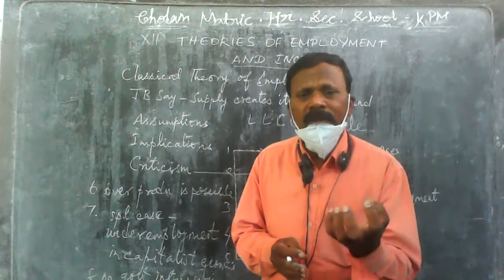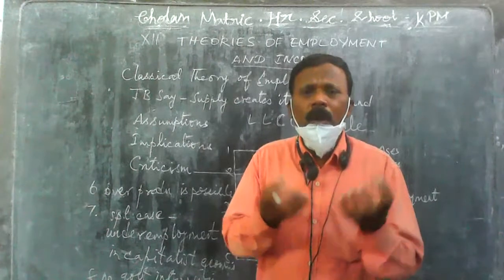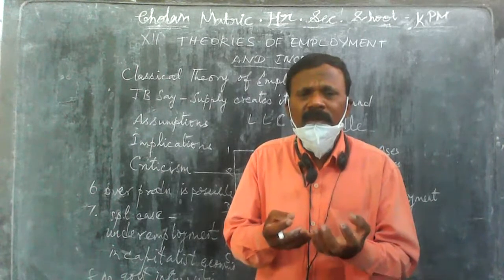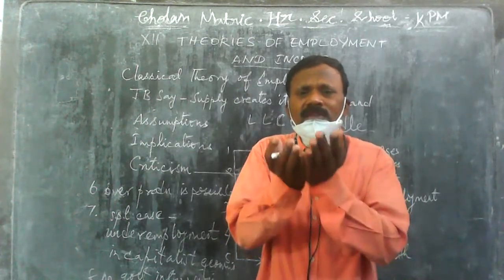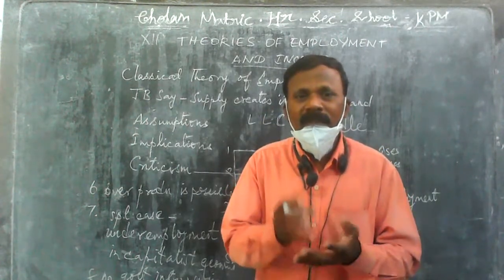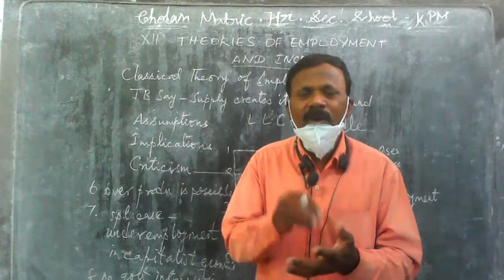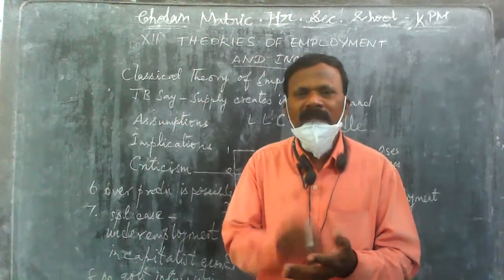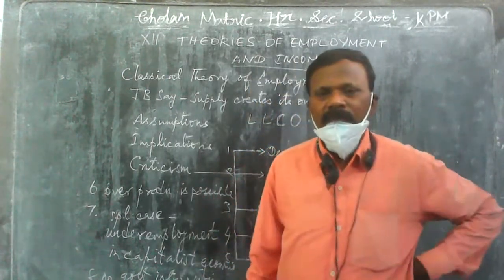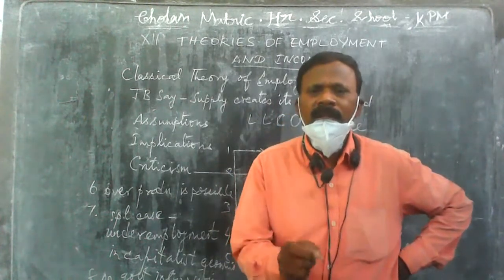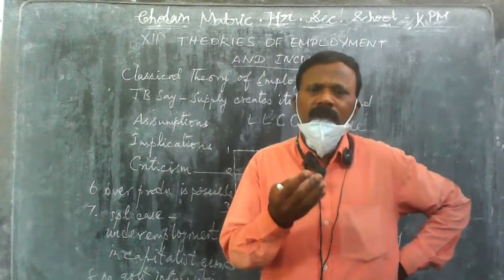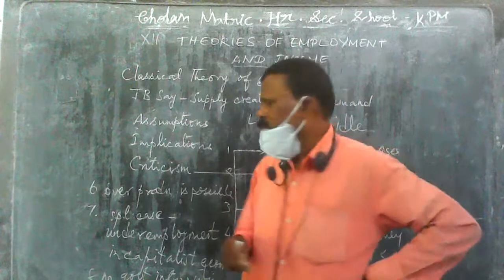The only theory that enabled all these depressed countries to raise their level of economic development was the General Theory of Employment, Interest and Money by James Keynes in 1936. That was the only remedy that emerged as a redeemer of all the capitalist countries.